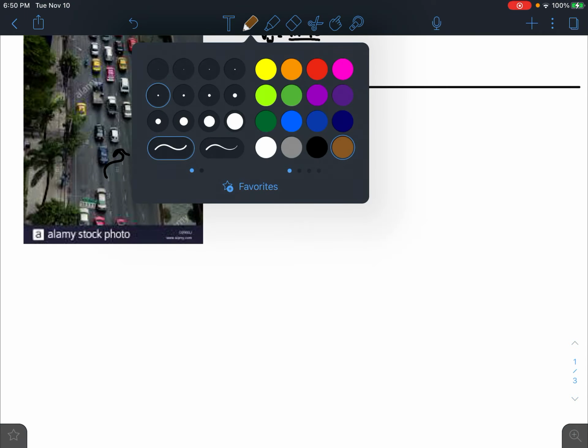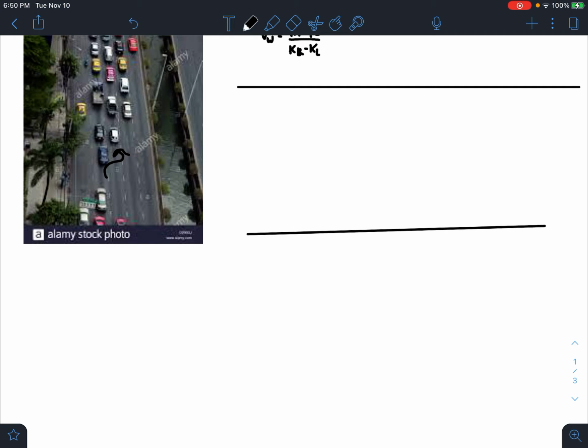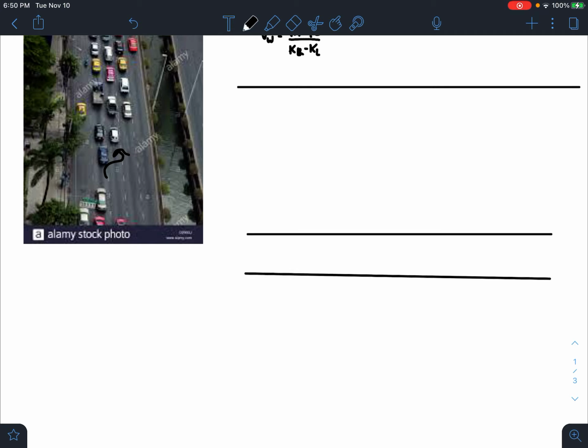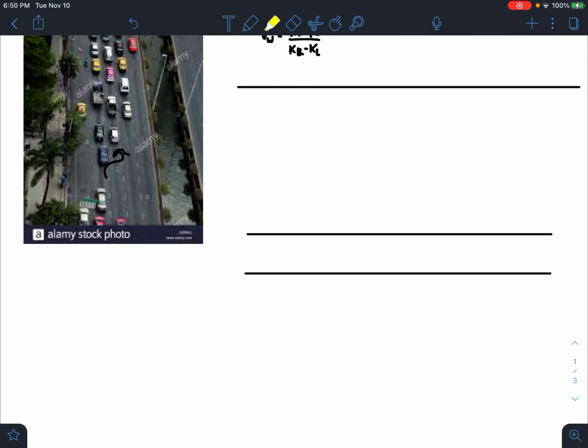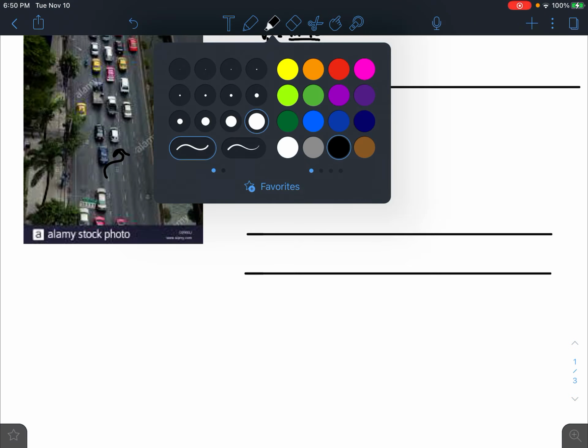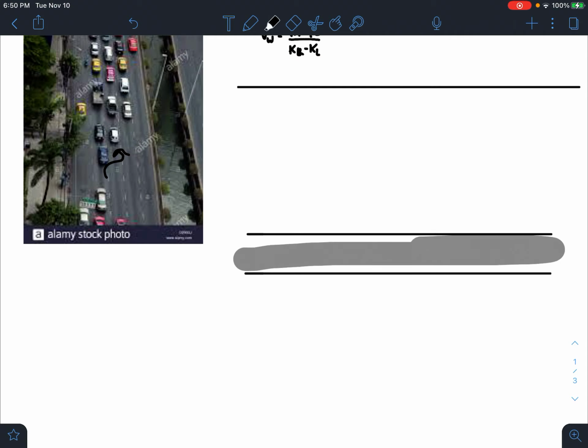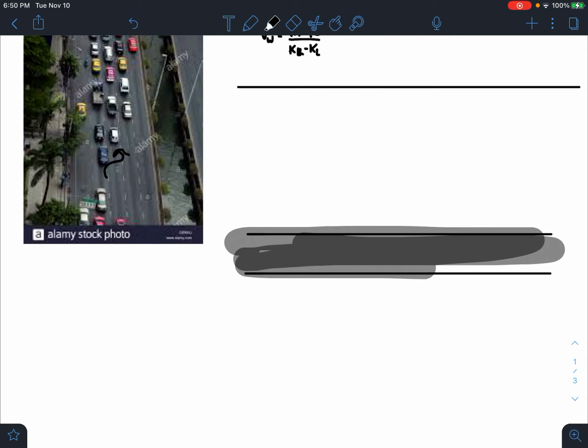So let's say we were on a road right here, and a road is usually black, so let's make this black. Basically it's the road, right?